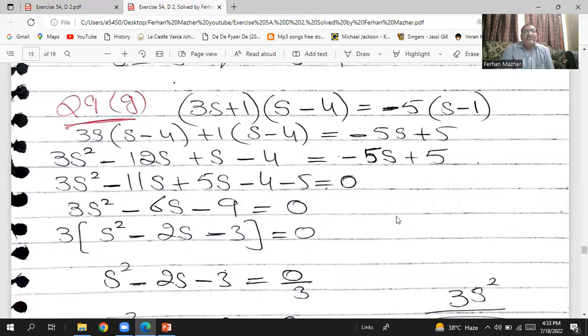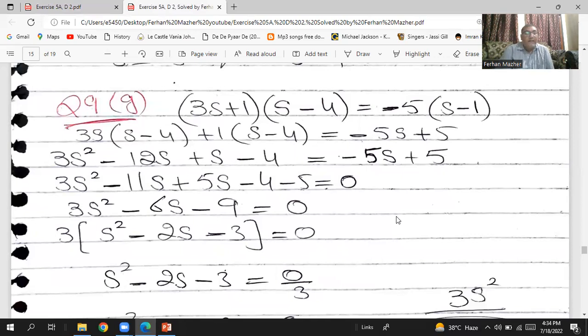3s² − 12s + s − 4 = −5s + 5. So we will take them to the left side. So you will have 3s² − 11s + 5s − 4 − 5 = 0. So you will have 3s² − 6s − 9 = 0. In these three terms, you can see 3 is common.